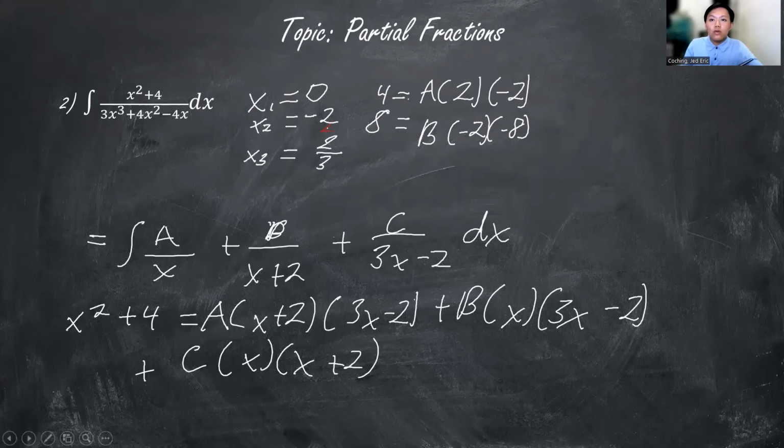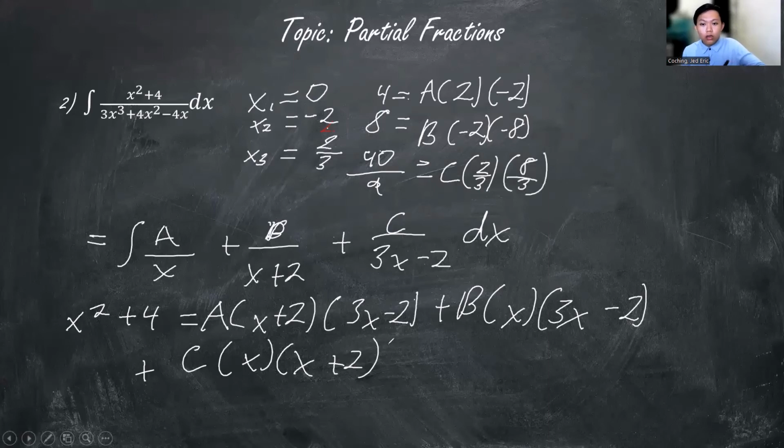And for c now, 2/3 squared plus 4 is 40/9, equal to c times 2/3 times 8/3, as it's plus 2. Okay. Now we can get the values of a, b, and c.